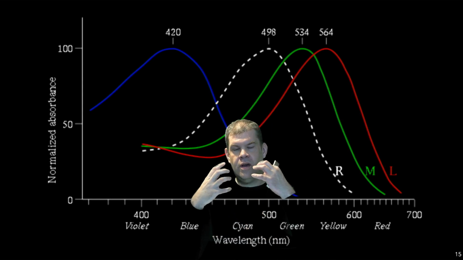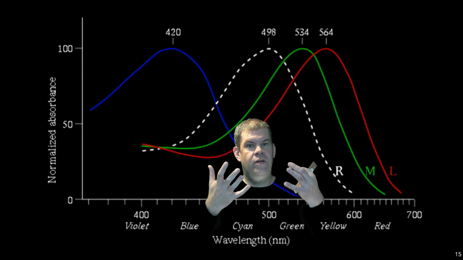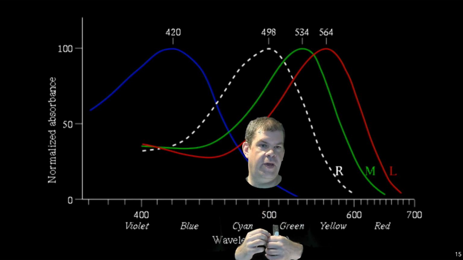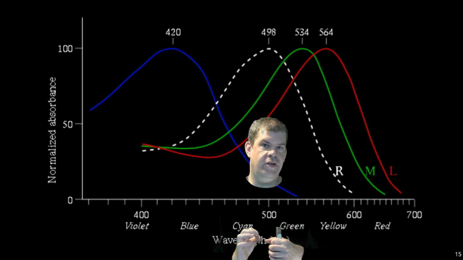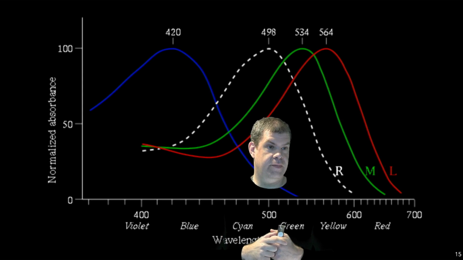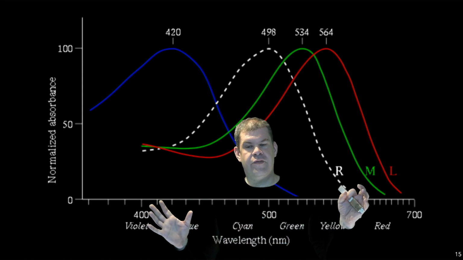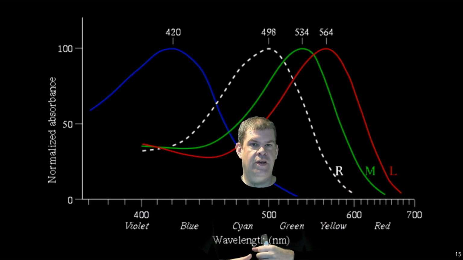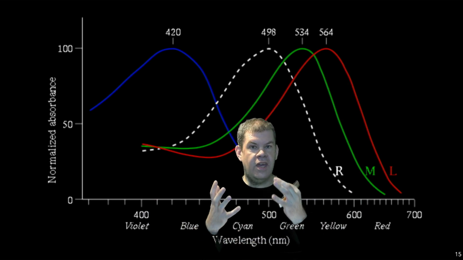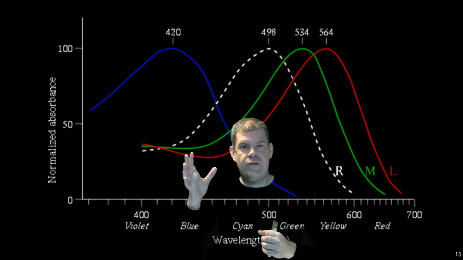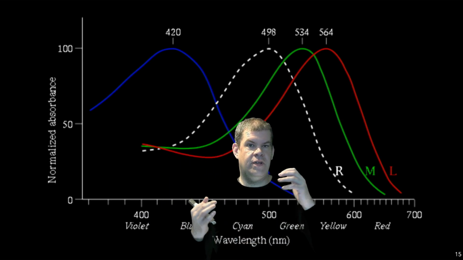So when the brain gets from all three detectors at one point in space roughly the same normalized response, it says, okay, well, there's cyan there. So the detection of the entire spectrum of colors is a computational result from those three separate detection curves.